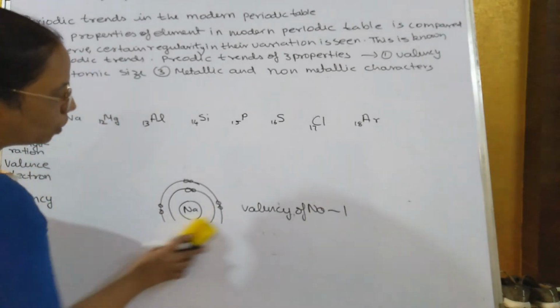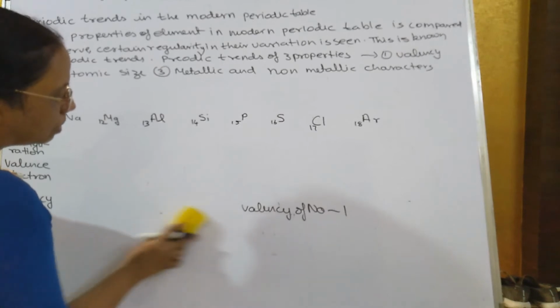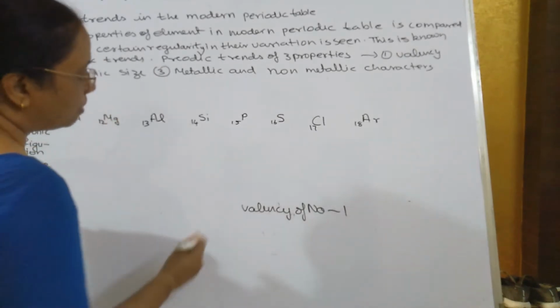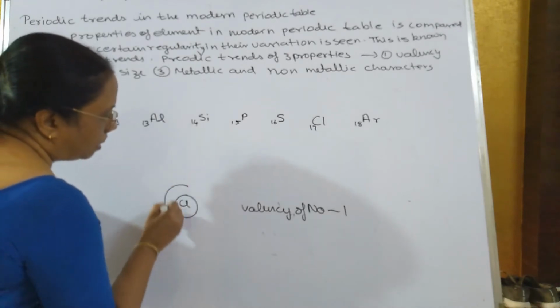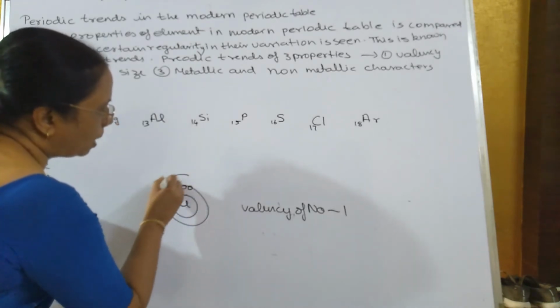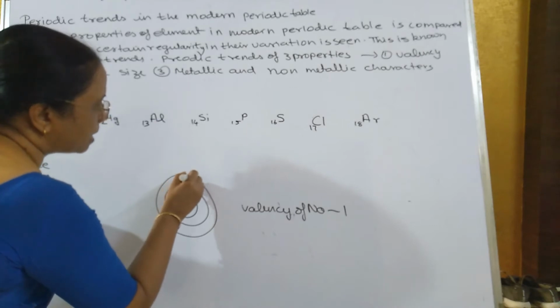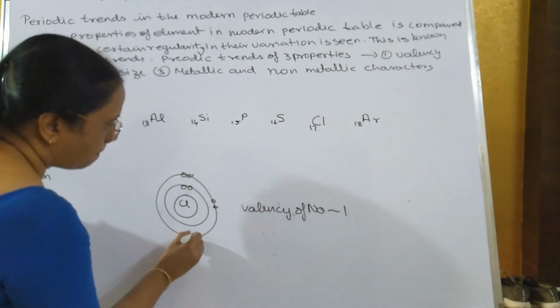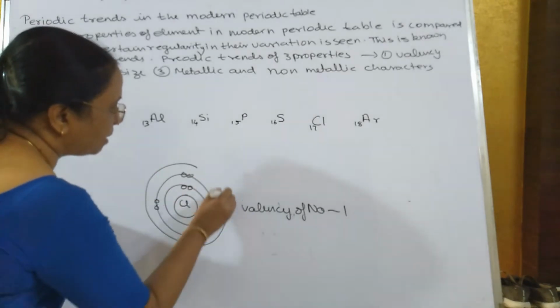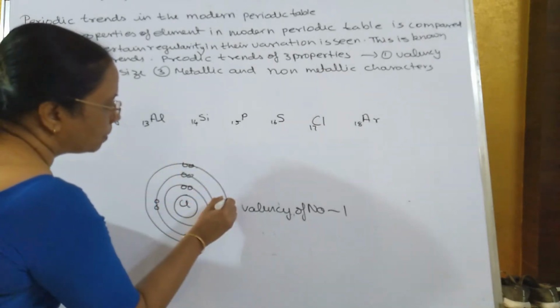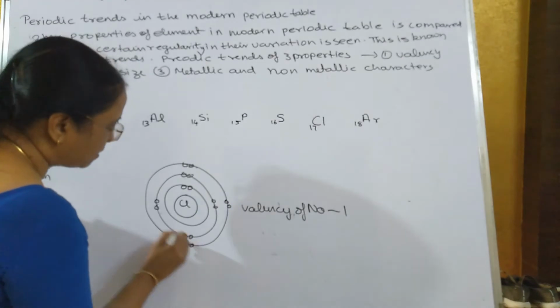Now if I take chlorine, in the first shell it is having 2 electrons, in the second shell 8 electrons, and in the last shell it is having 7 electrons: 1, 2, 3, 4, 5, 6, 7.